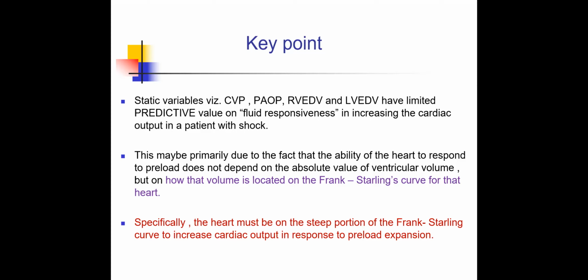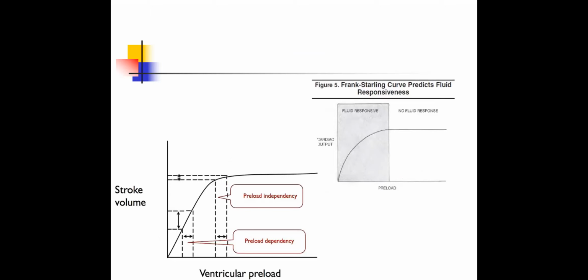Specifically, the heart must be on the steep portion of the Frank-Starling curve to increase cardiac output in response to any preload expansion. We see on the left side of the screen, when stroke volume is plotted against ventricular preload, that when the heart is lying on the steep portion of the curve, for a particular increase in preload we get a very appreciable increase in stroke volume.